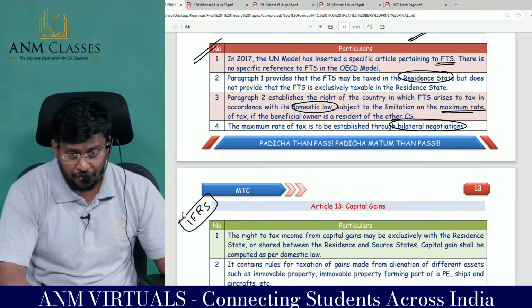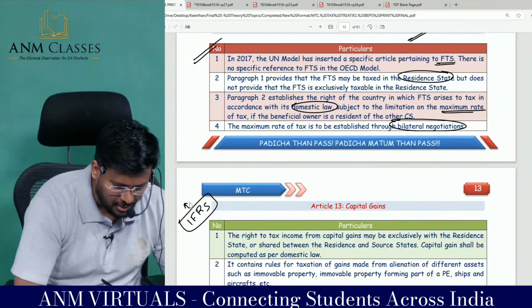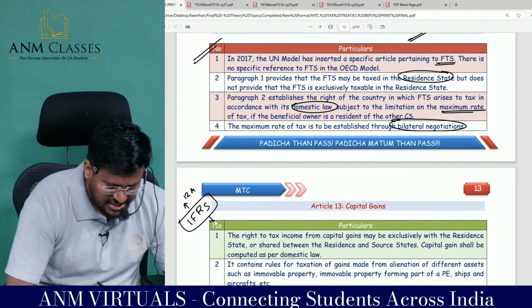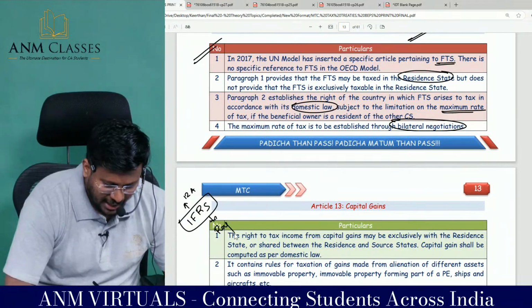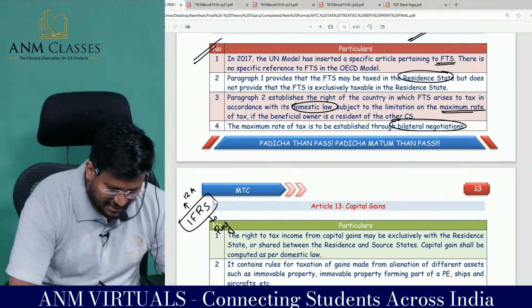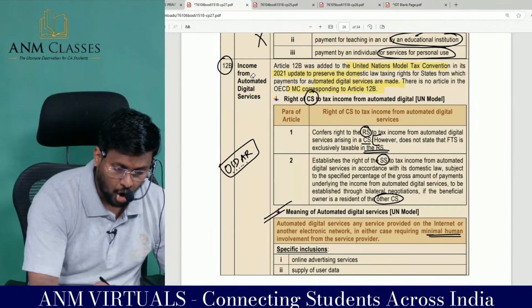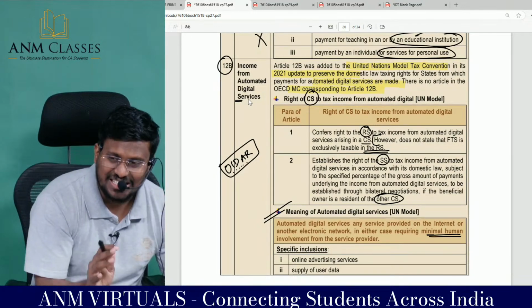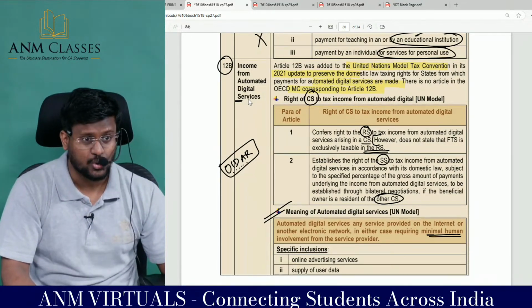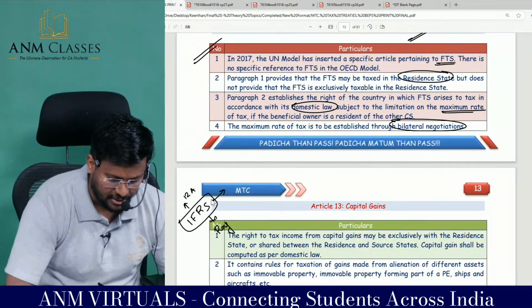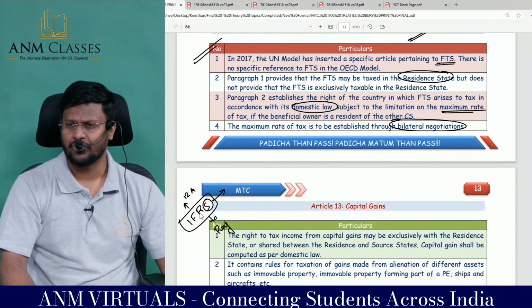F stands for fees for technical services as per Article 12A. R stands for royalty as per Article 12, and the last S stands for income from automated digital services. What services you provided? Automated digital services. S means services. What services? Automated digital.